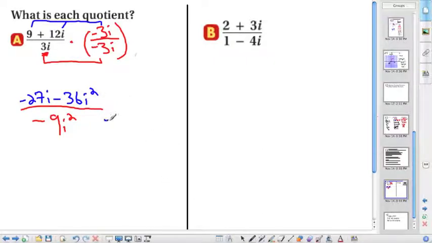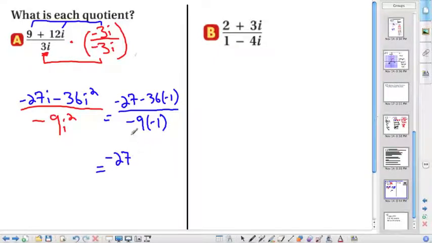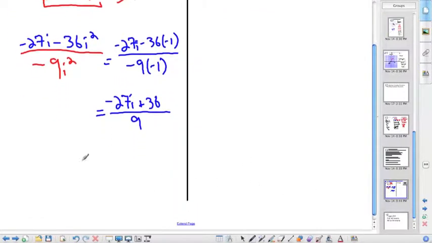Now we have to reduce. We have negative 27i minus 36 times negative 1, because remember, i squared is negative 1, all over negative 9, negative 1. Simplify even further, you get negative 27i plus 36, because a negative times a negative is a positive. And then you have to break it up into two numbers.